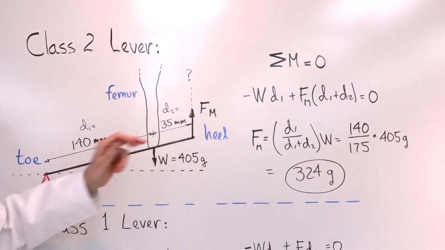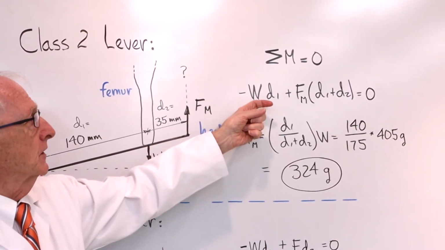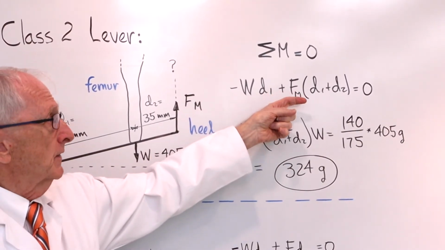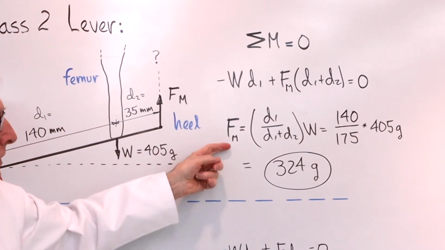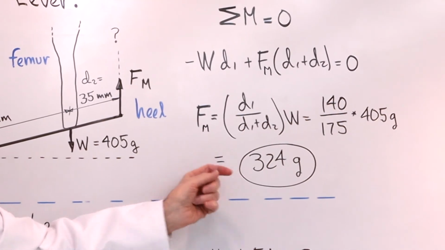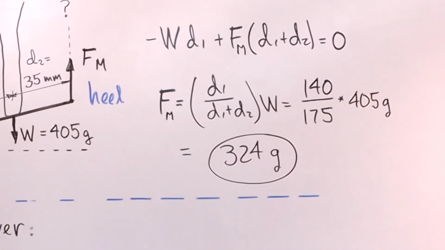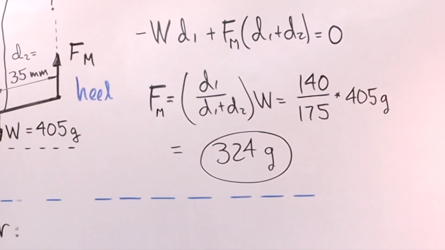Here are the distances that I've measured on my model. When we balance out the moments, the clockwise moment is balanced by the counterclockwise moment. You solve for the force of the muscle, and you put that into your calculator, and you get 324 grams. Let's see if our model measures that amount.